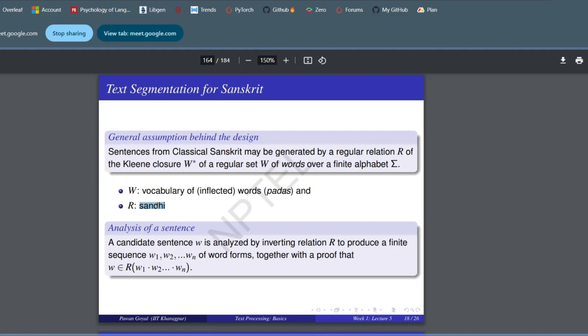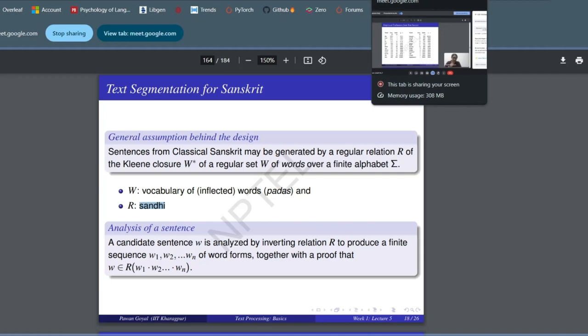We have sandhis in our native languages as well, right? Sandhi is when you take two words. Does anybody remember an example of sandhi right now?